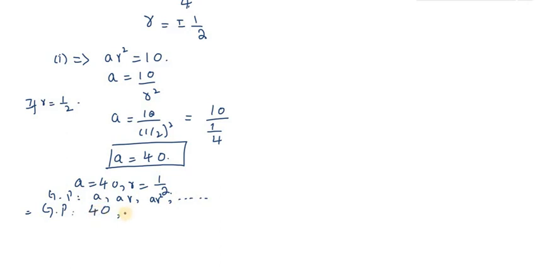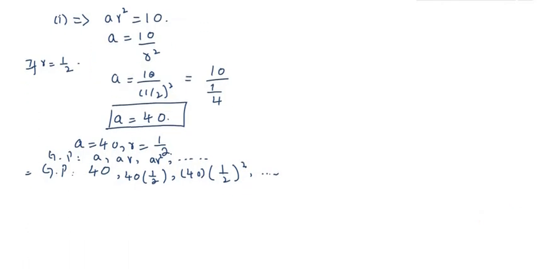So a is 40, the second term is 40 times r, which is 1 upon 2, and the third term is 40 times r, 1 upon 2, the whole square, and so on.